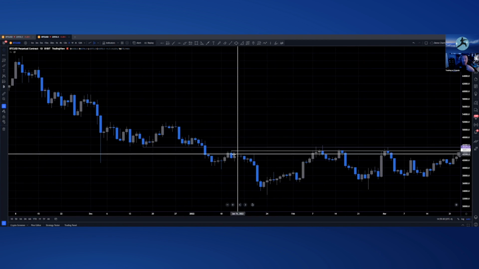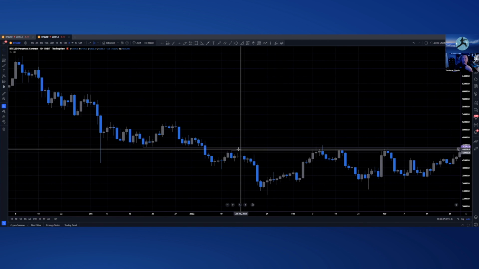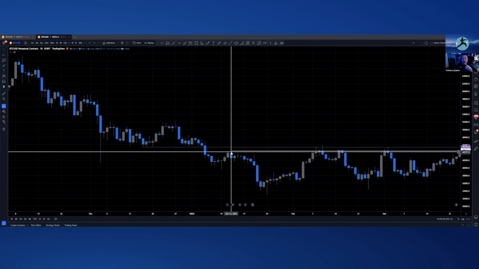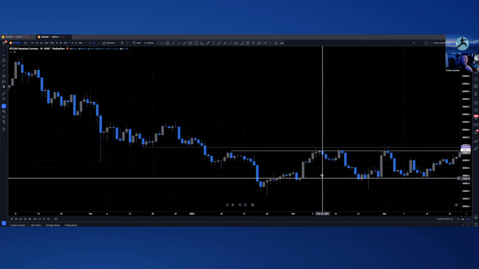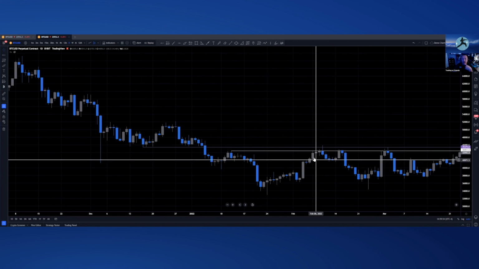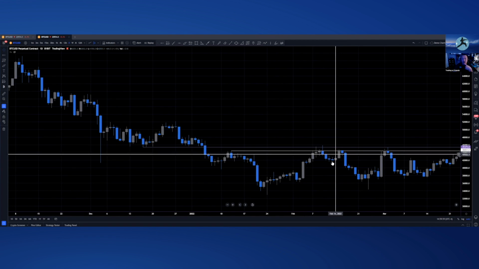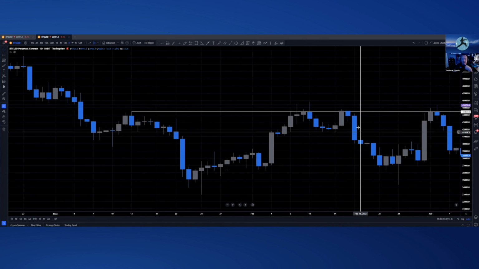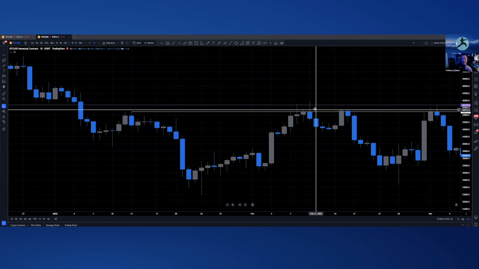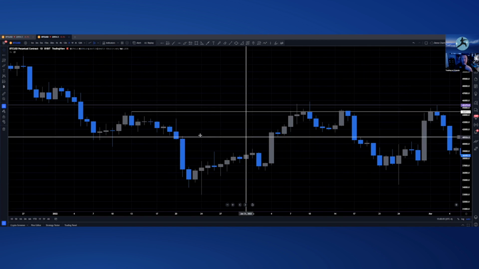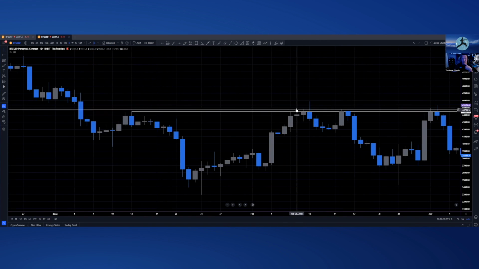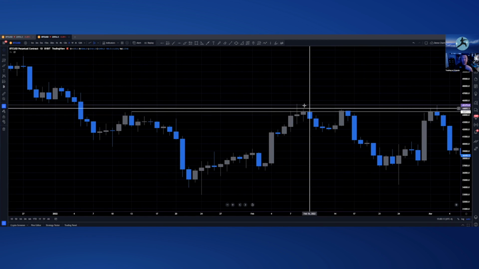Now, the alternate way, and the way in which I don't really use unless it's like a 1, 3, or 5-minute time frame, is this right here. So say this was my level, and then you see right here, you got a wick, a wick, a wick, a wick, and then bam, you have a little bit of a candle close. You know what I mean? So this would be the other form. Some people may see this wick and think, oh, okay, that means I need to look for a trade in here.